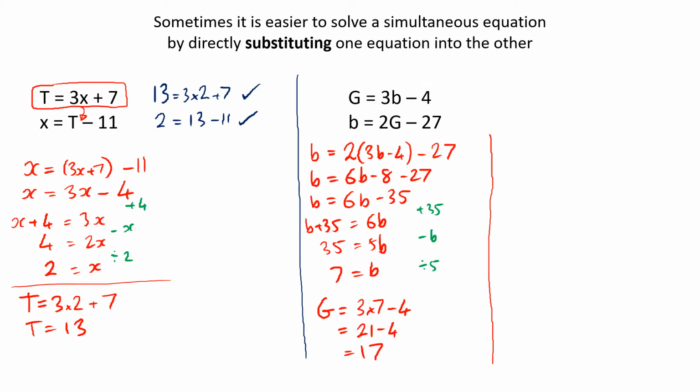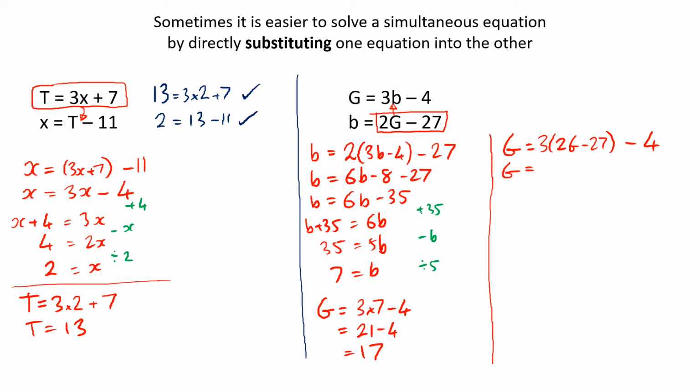But we could have also, as I said, taken the 2G minus 27 and put it in place of the B, because that's B is equal to 2G minus 27. So how would that work? We'd get G is 3 lots of 2G minus 27 minus 4.